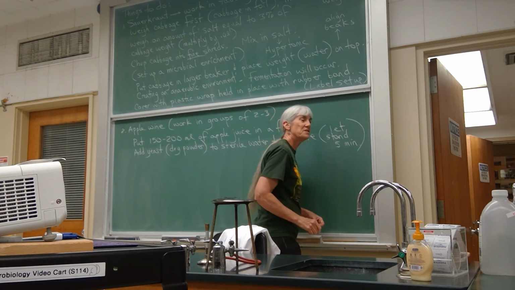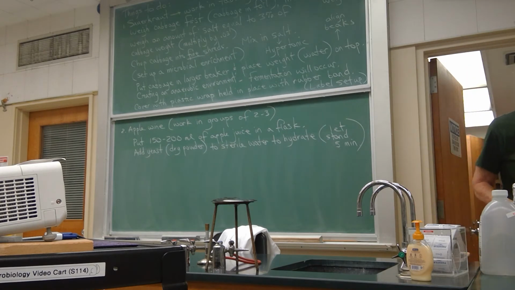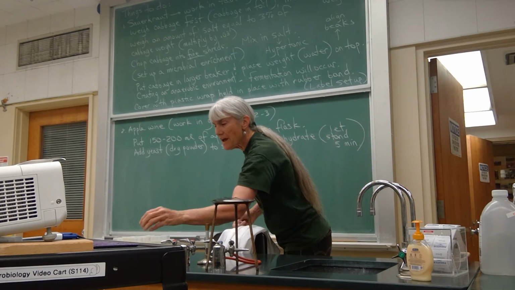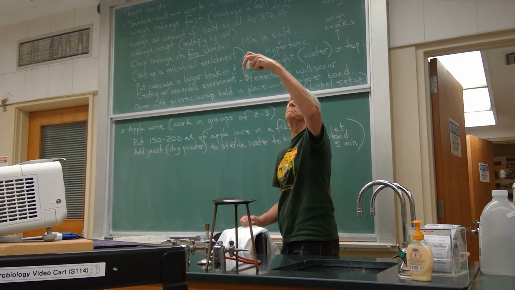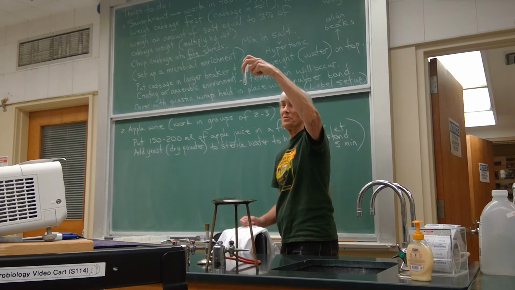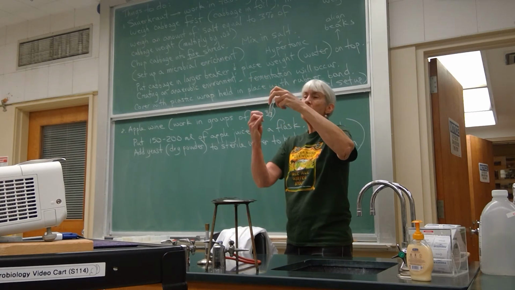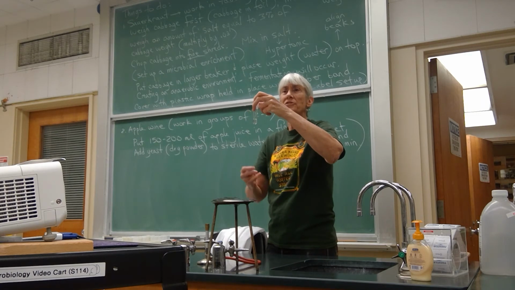This is our sterile water. So these tubes have about 5 mils. They have about 3.5 mils. It really doesn't matter. You're going to put a little bit of yeast in here. Probably the most important thing is don't put too much yeast into the water.